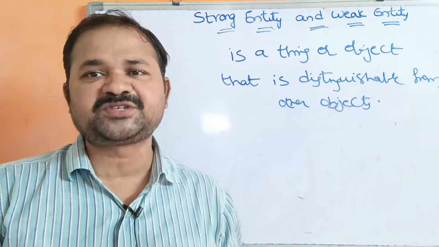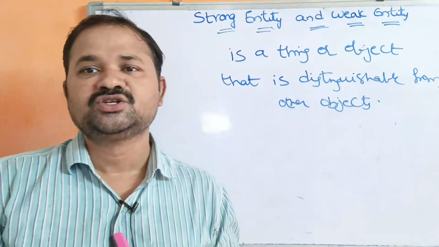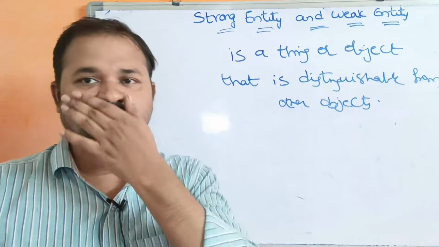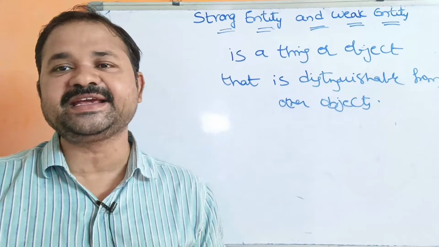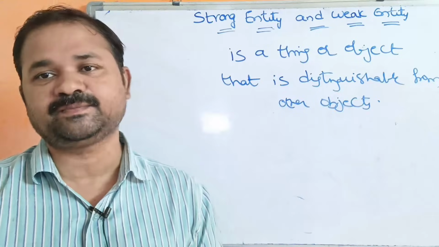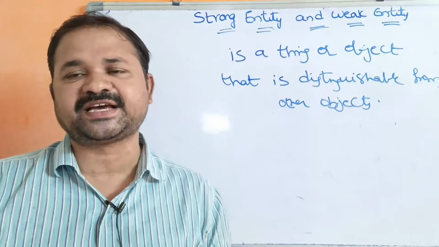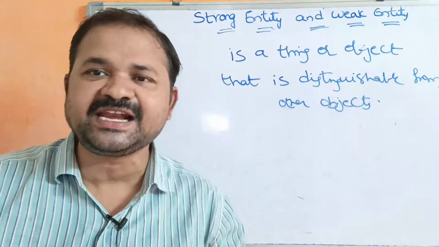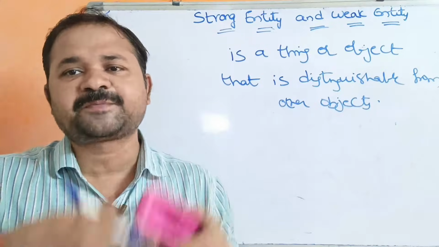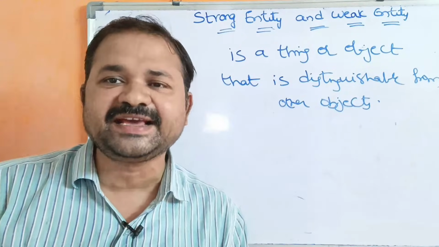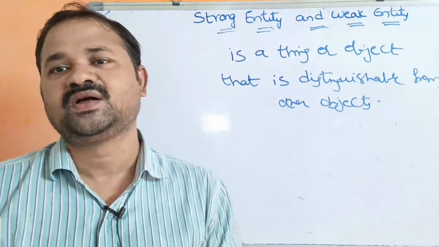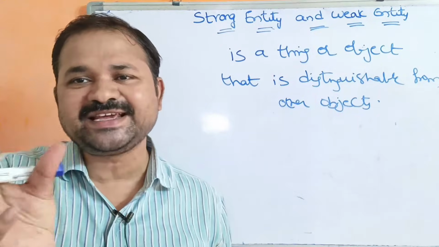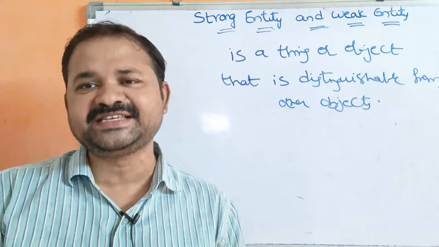The best examples of entities are: student is an entity, faculty is an entity, classroom is an entity, course is an entity. An entity may or may not have physical existence. Student, staff, and classroom have physical existence.